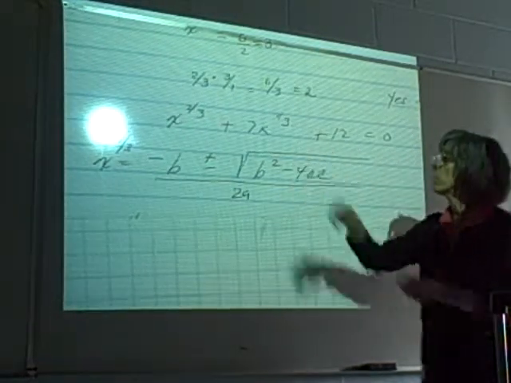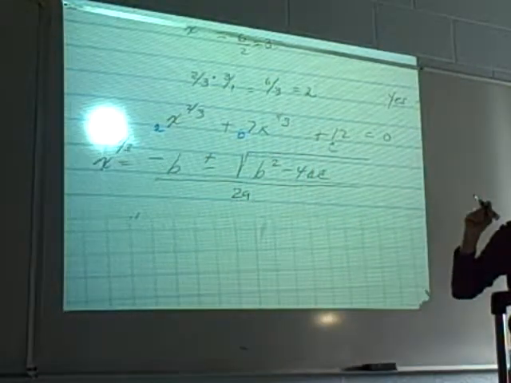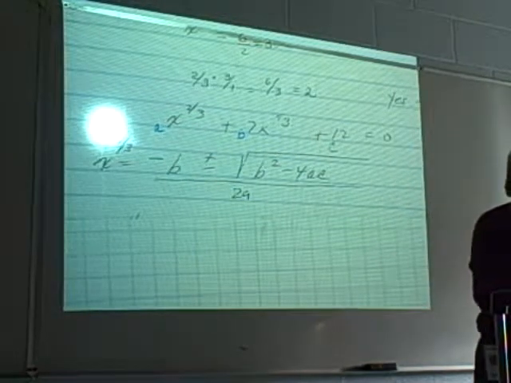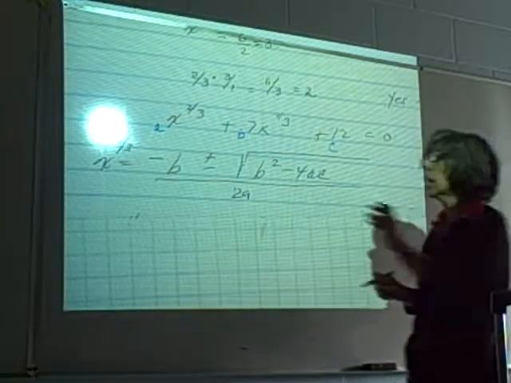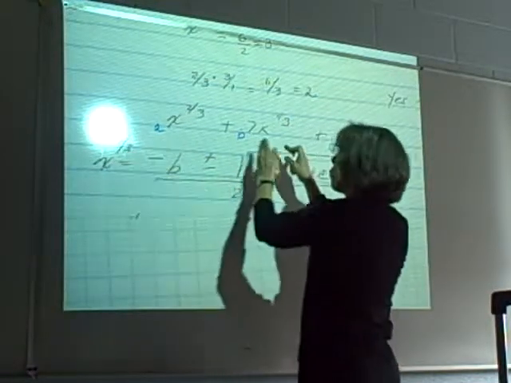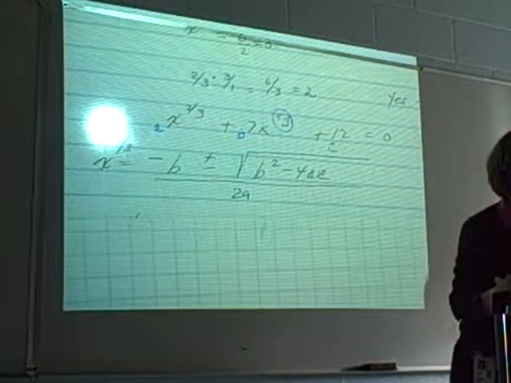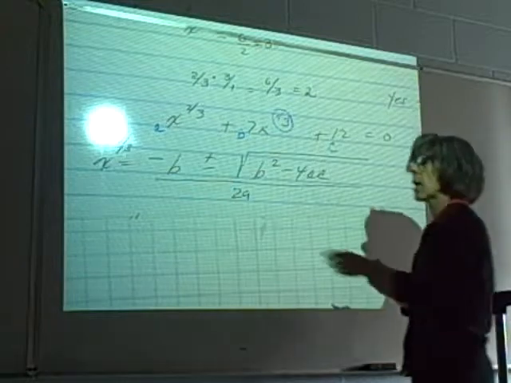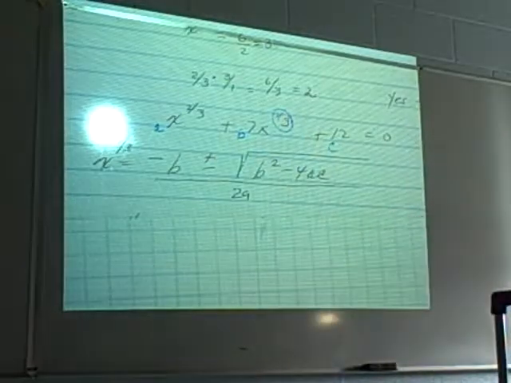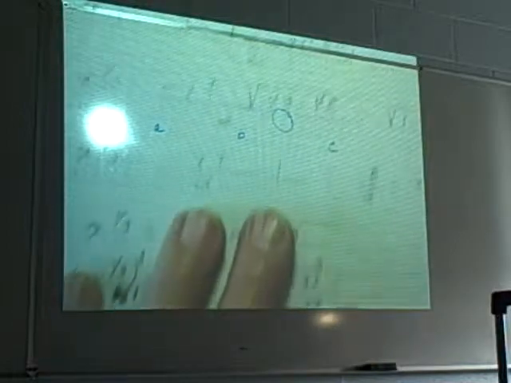Here's the problem. Do I have an A term, a B term, and a C term? Yes. I am just gonna plug it in. The only thing you need to remember, when we do the quadratic, it's always x to the first power. And we are going to have to deal with that later on. But you just need to remember, that's why you're gonna label this as x to the 1/3, because this one is my 1. I plug it in, I'm gonna just show this to you quickly. So I plugged it in, blah, blah, blah, blah.